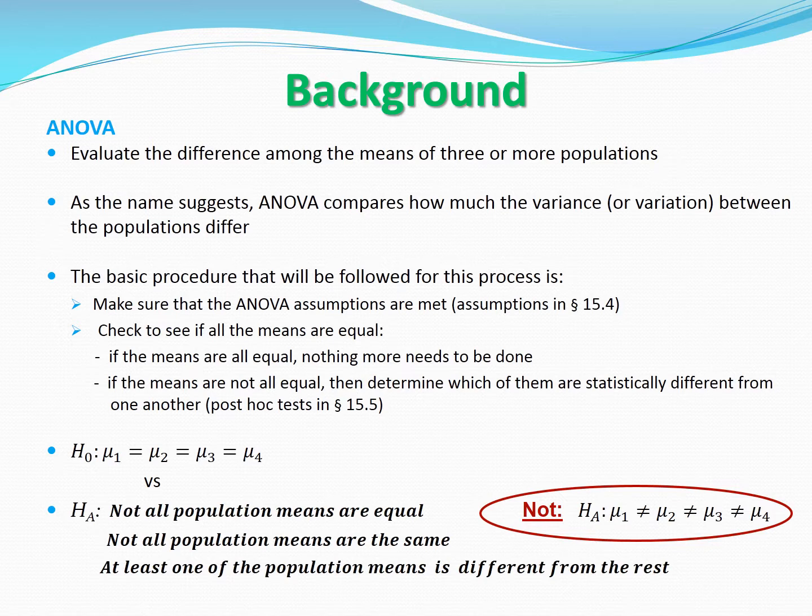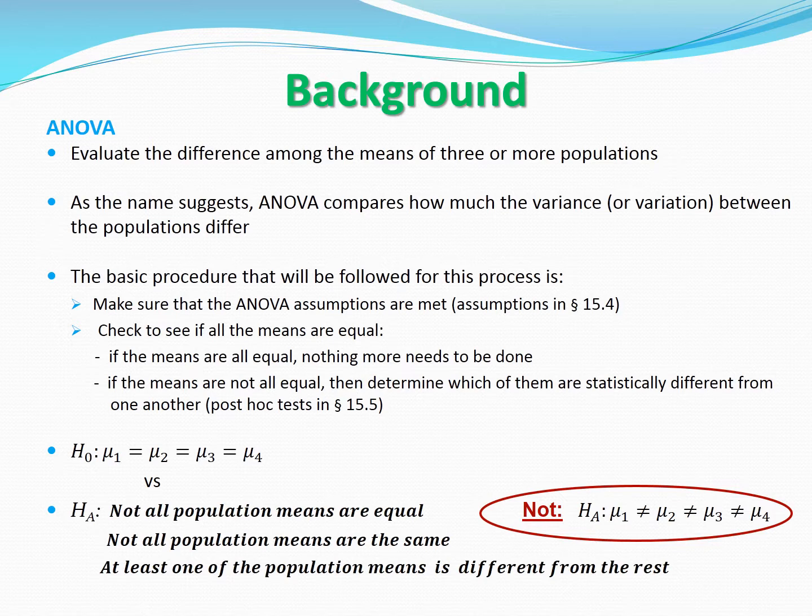Then, if we check the means and they are all equal, then nothing more needs to be done. But if the means are different from each other and they are not all equal to each other, then we need to do further testing to see which means will statistically differ from each other. And these tests we call post hoc tests, and they will be discussed in section 15.5 in the textbook.